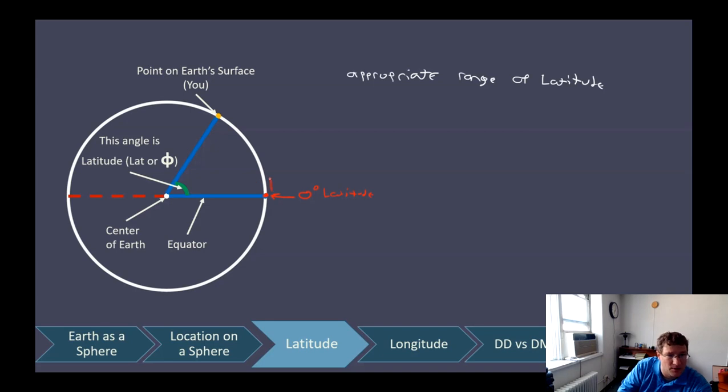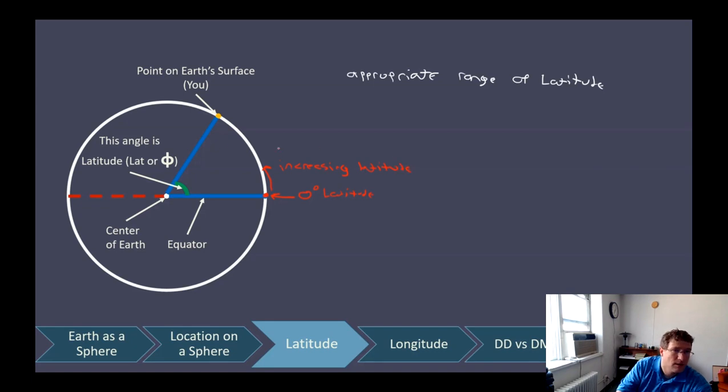As we progress north along the Earth's surface relative to the equator, this is going to be increasing latitude.